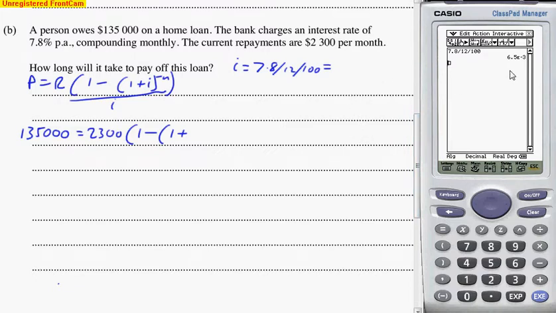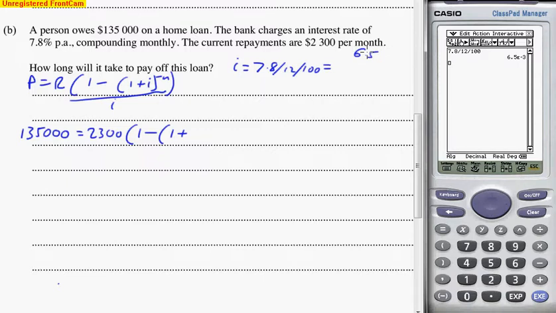The e minus 3 means you move the decimal point 3 places left. 1, 2, 3 means I've got 0.0065.